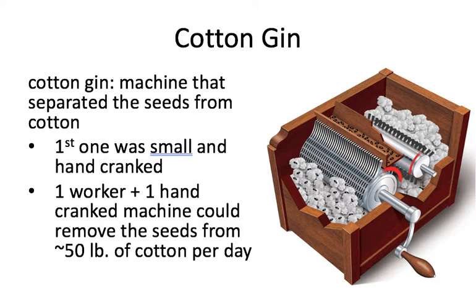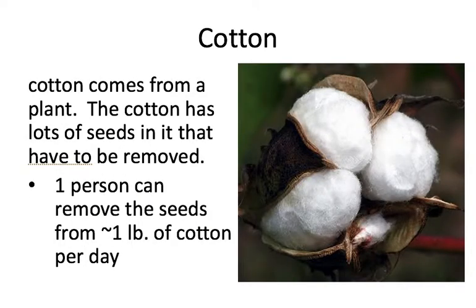And even though this first cotton gin was small, it had to be powered by a person turning the crank. One person plus one machine could remove the seeds from about 50 pounds of cotton per day. And comparing that to before the cotton gin, just adding this one small hand crank machine produced 50 times more cotton per day from the work of one person.